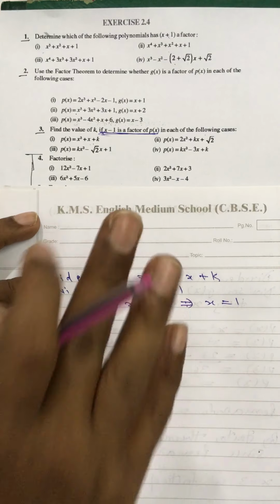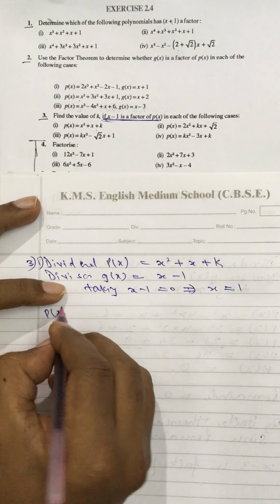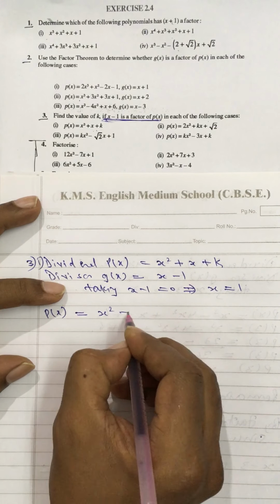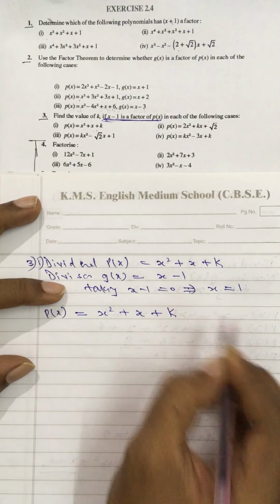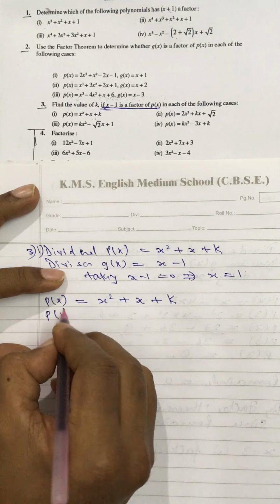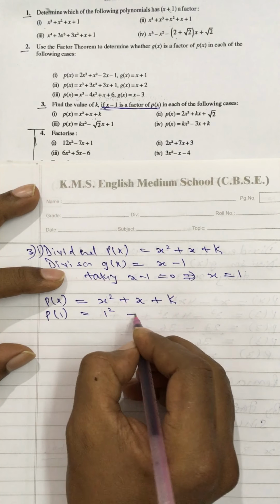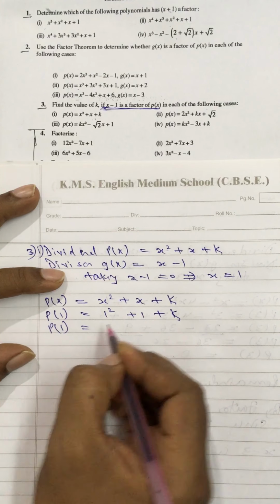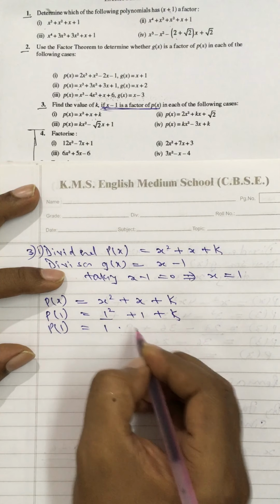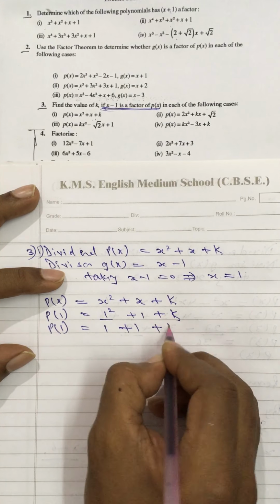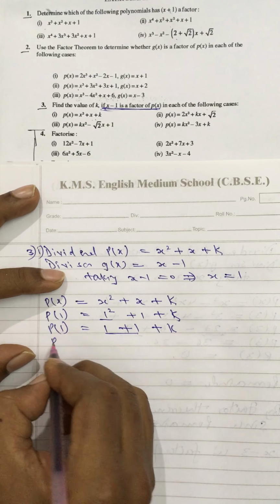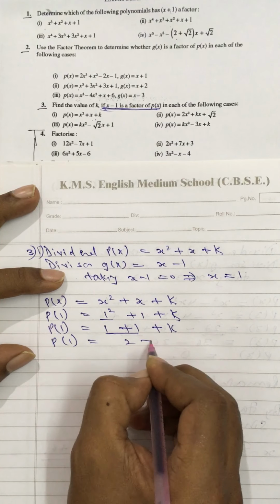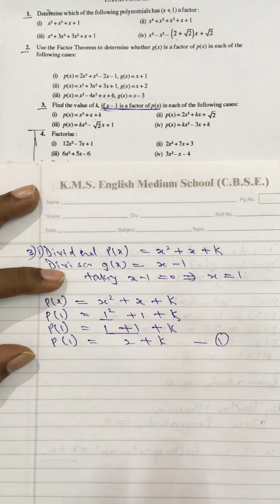Fine. Now I will do the same thing. P of x is equal to x square plus x plus k. P of 1 is 1 square plus 1 plus k. P of 1 is equal to 1 square is 1 plus 1 plus k. So this also can be solved. P of 1 is equal to 2 plus k, but this I can't do anything further.